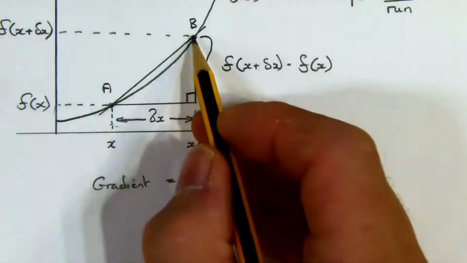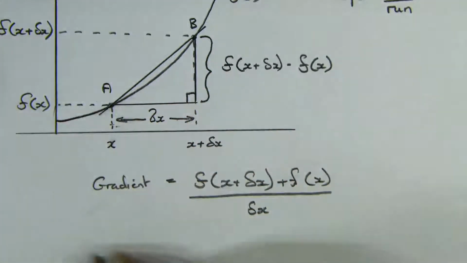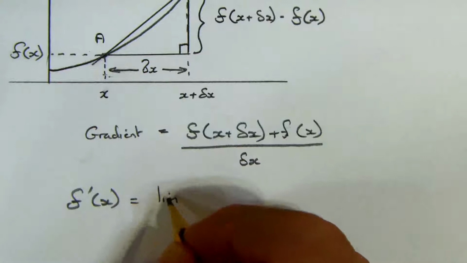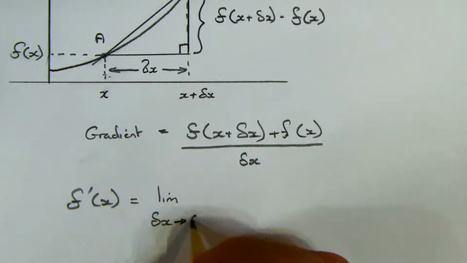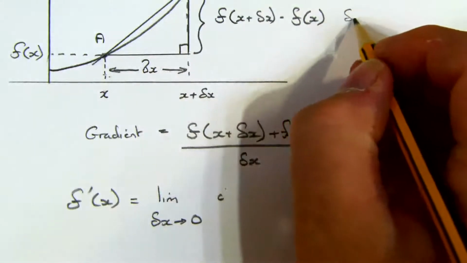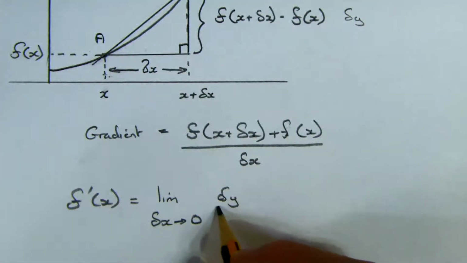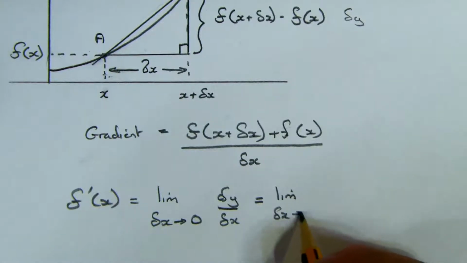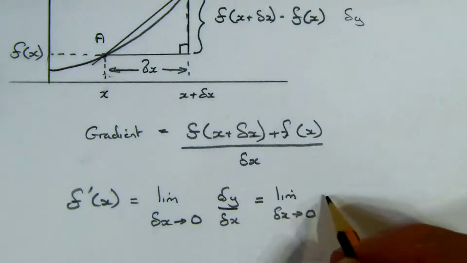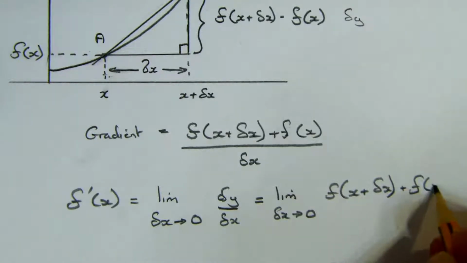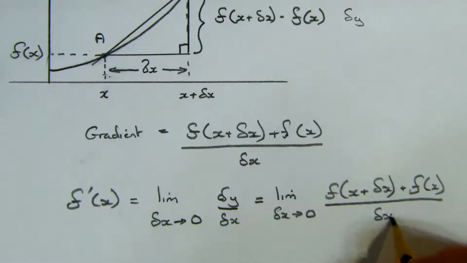Now, what we do is we start bringing those points in closer and closer until we can get the gradient of the line, and that is going to be, as we approach the limit, as delta x tends to 0, of this distance called delta y over delta x, which is the same as the limit as delta x approaches 0 of f of x plus delta x minus f of x, over delta x.